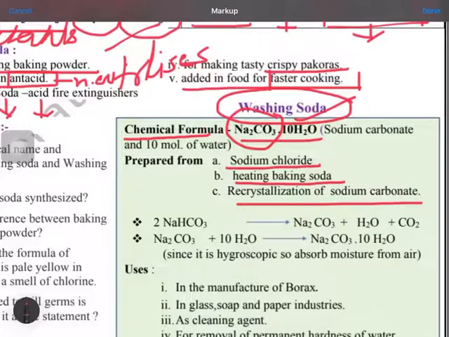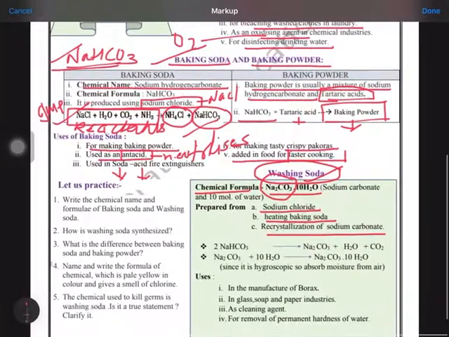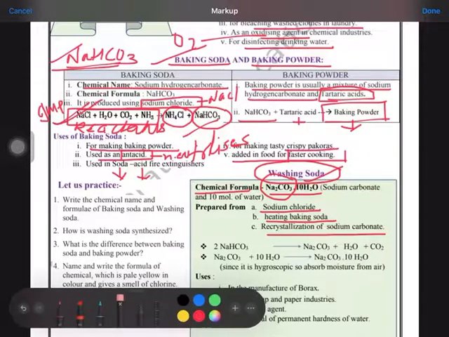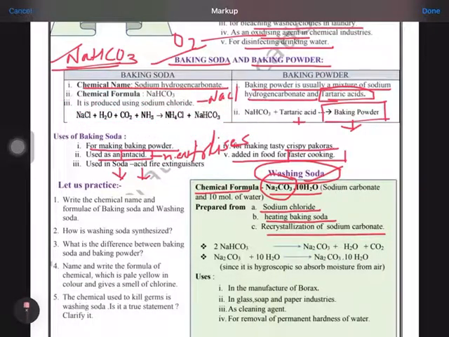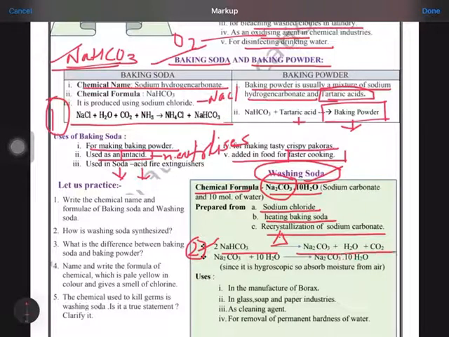If the preparation of washing soda comes, then remember that first you have to write this equation, because you have to show where you are getting this sodium hydrogen carbonate from. So the first equation should be this, then the second equation is heating sodium hydrogen carbonate. It is not written here, but we can show heating by a triangle. When we heat this sodium hydrogen carbonate, we get sodium carbonate, water and carbon dioxide.